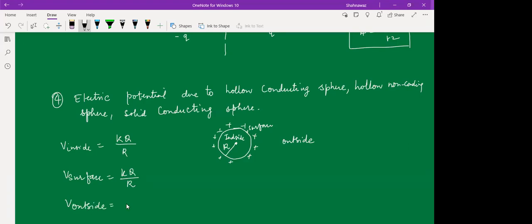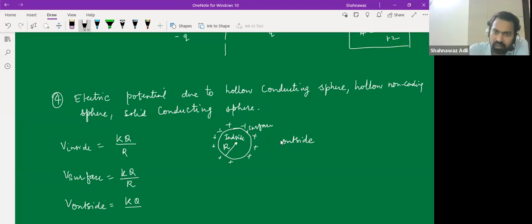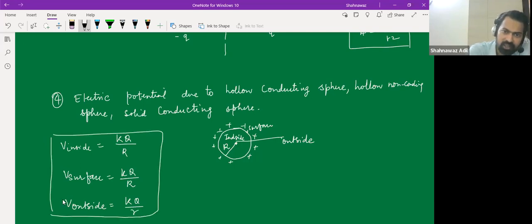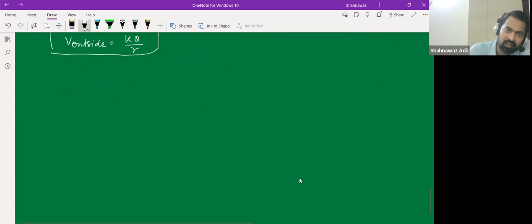KQ by small r. KQ by, let's say, some distance small r. So this we did. And after that, what did we do? After that, we calculated the potential difference of a line charge distribution.